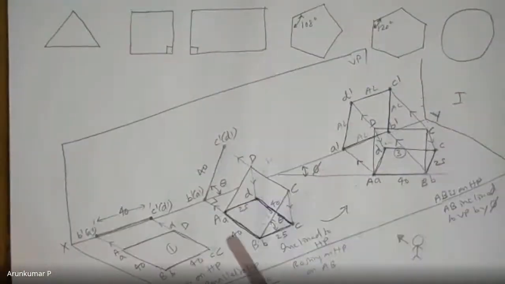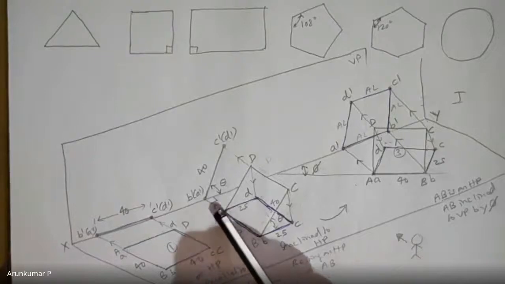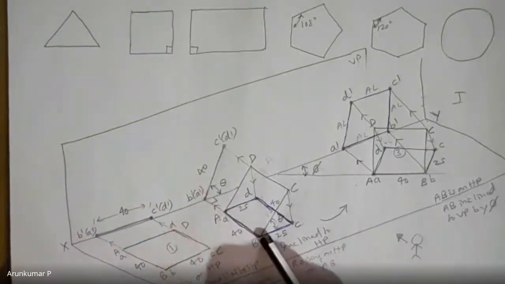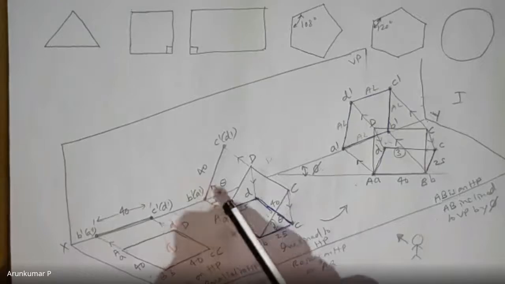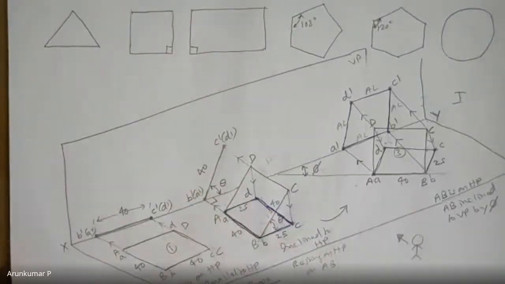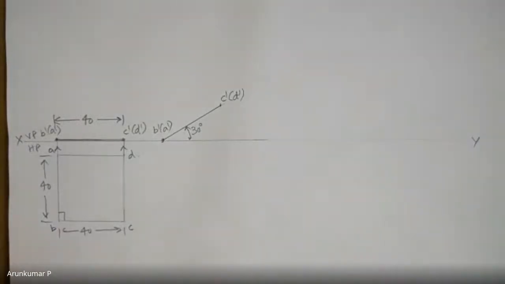Okay. Because AB is on HP, it is touching HP, its front view is on XY line. Because we know the front view of B and A, B dash A dash, is on XY line as AB is on HP. So this is your second step, second step front view.